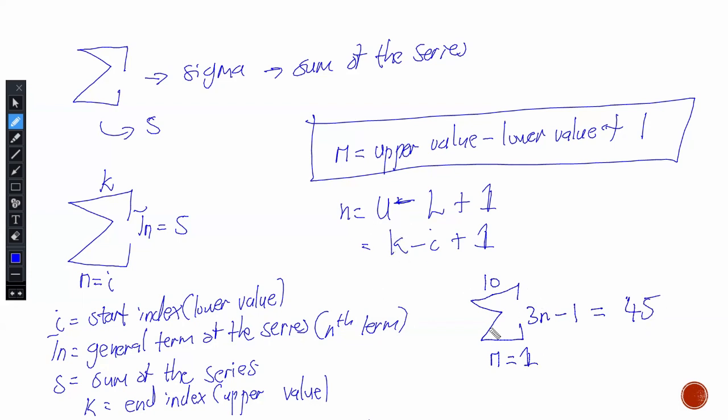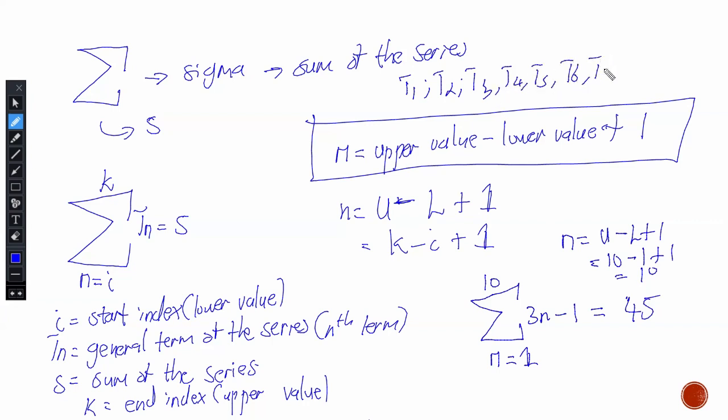So if we wanted to find the number of terms, we would say n is equal to upper value minus lower value plus 1, right? Now we do know that starting from 1 all the way to 10, that's 10 terms, because we'd say 10 minus 1 plus 1, and this will give us 10. Even if you were to count, starting from T1, then T2, T3, T4, T5, T6, T7, T8, T9, and then T10, that's exactly 10 terms, right?